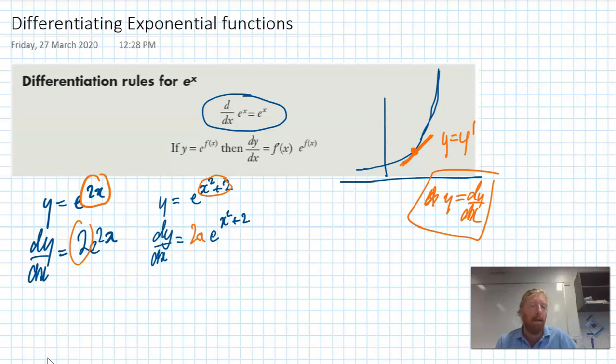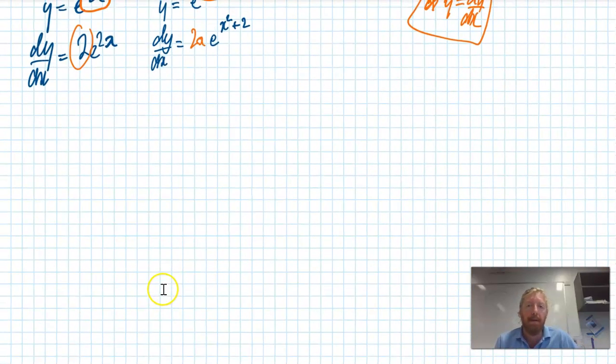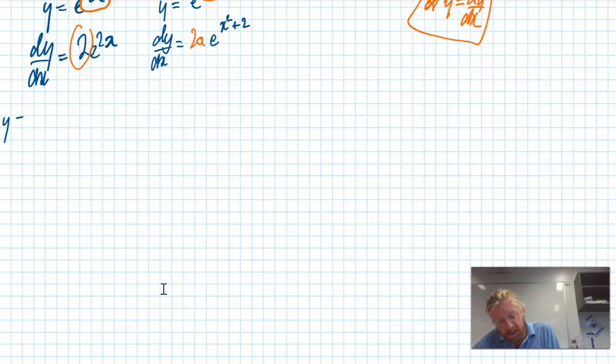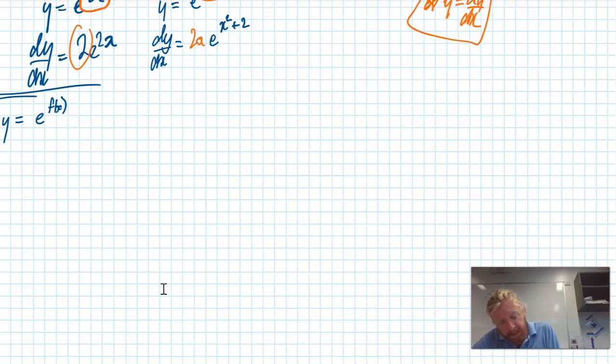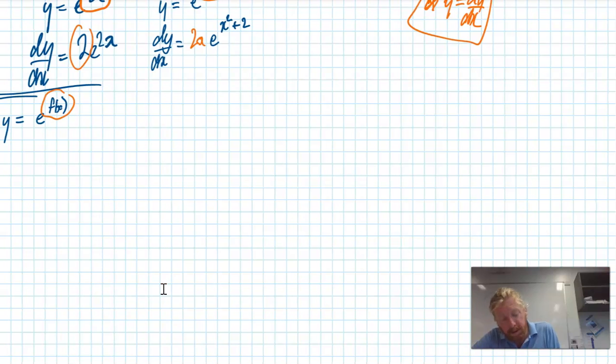Let's do a proof for that, and then we'll get into some questions. Okay, let's take y equals e to the f of x. The way I can prove this is by using the chain rule and substitution. I'm going to let this thing here be equal to u. So u equals f of x. If that's u, then y equals e to the u.